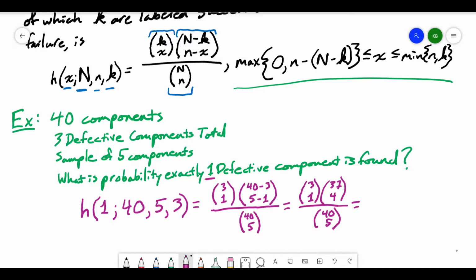I wouldn't recommend really trying to do this without a calculator. And we find that this is about 0.3011. So what this is telling us is about 30% of the time I'm going to find exactly one defective component if there are 3 defective components in my 40 component population.